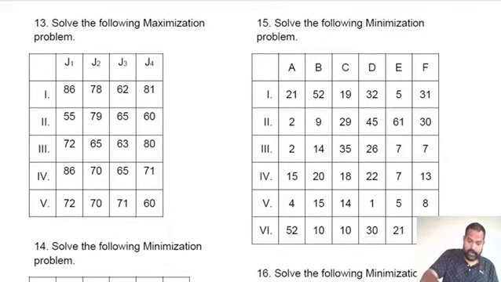Oh, this is going to be tiring. 65 and 71, and lastly 81, 60, 80, 71 and 80. Done?